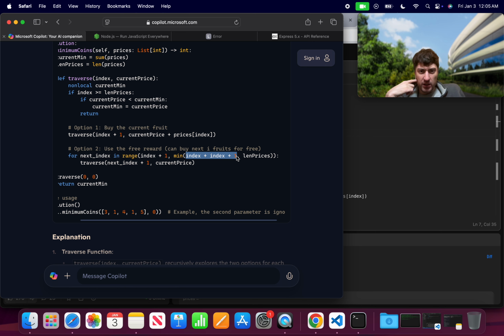Why would 2 times index plus 1 be our stopping condition? Or the last element in the list. That one makes sense. Why this? Okay.